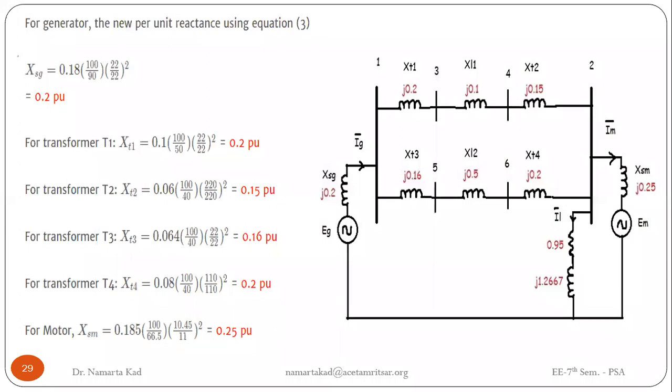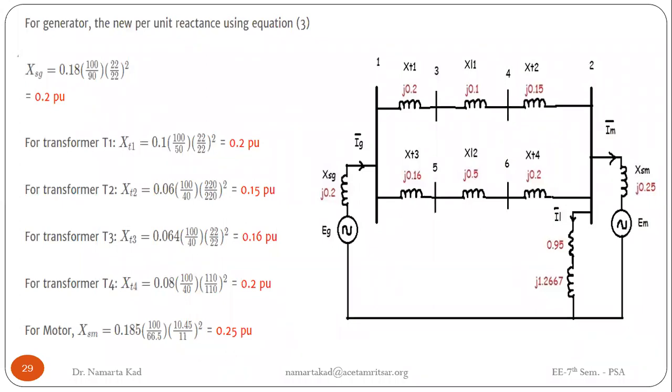And that is how to convert any single line diagram into the reactance diagram after performing the various calculations related to the per unit system. The first step is to select the base values, then calculate the base values, then calculate the per unit values, and then finally calculate the new per unit values.